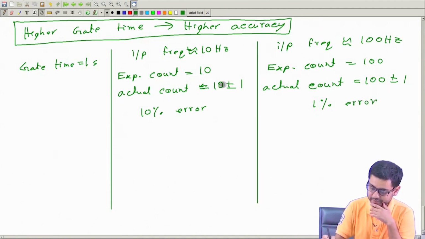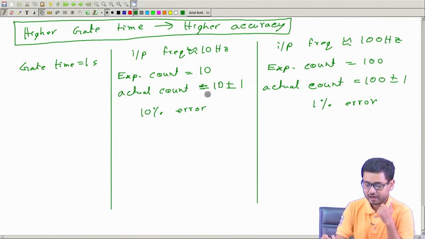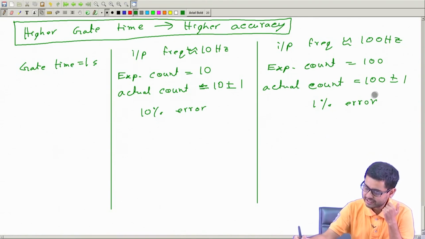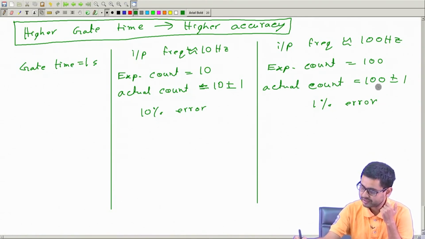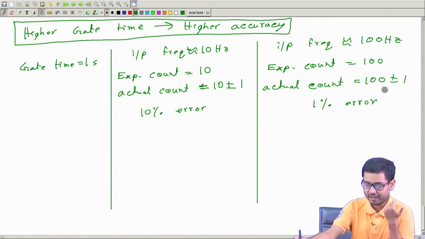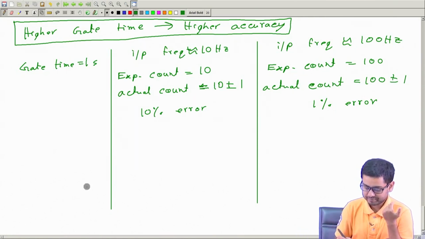So, if you estimate the frequency here, your estimated frequency will be 9 hertz or 11 hertz. Okay. So, we will have a plus minus 1. Here your estimated frequency will be 10.1 hertz or 9.9 hertz. So, you will have a 1% error.